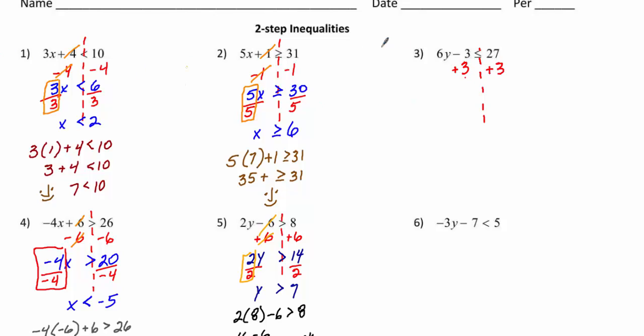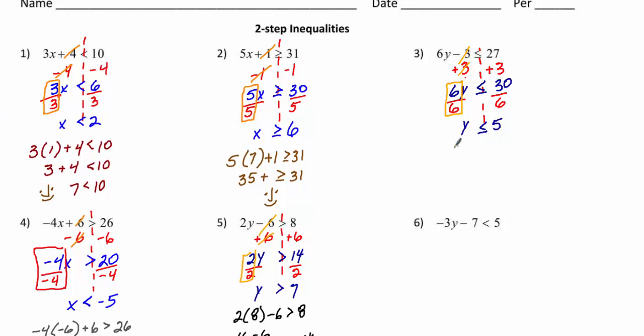When I do that, those cancel out. 6y left here, less than or equal to 27 plus 3 is 30. Divide by 6 on both sides. There's my big 1. Tells me I'm on the right track. So 1 times y is y, less than or equal to 30 divided by 6 is 5.